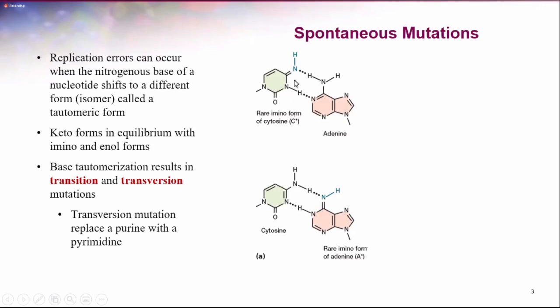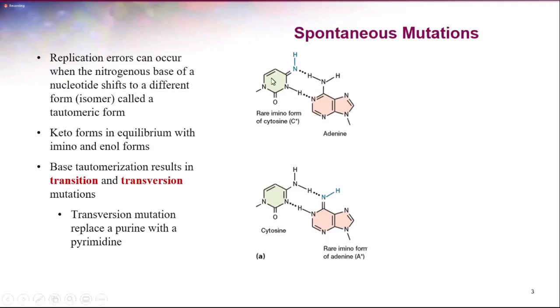And as a result of that, you can have a varying number of hydrogen bonds that the cytosine is able to produce. So both adenine and cytosine occur in equilibrium with their natural forms, as well as what we refer to as these amino forms. And in doing so, if either one of them is in its amino form, it is able to mis-base pair.